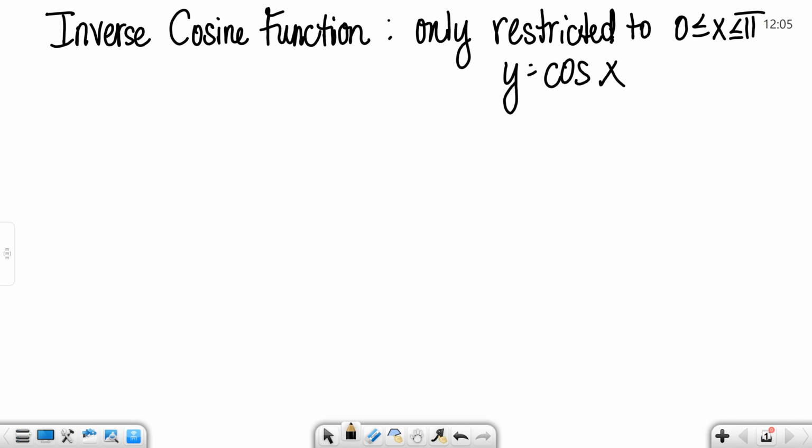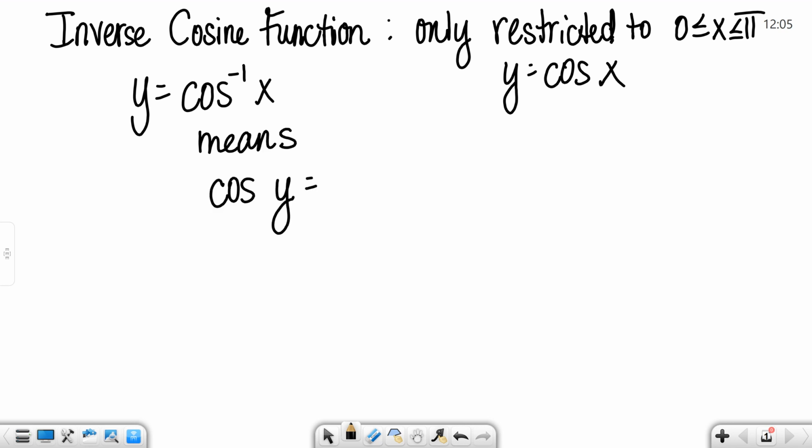So y equals the cosine of x, with x being between 0 and pi this time. So inverse cosine, again, that notation looks like this, which means the cosine of some angle y is equal to x.